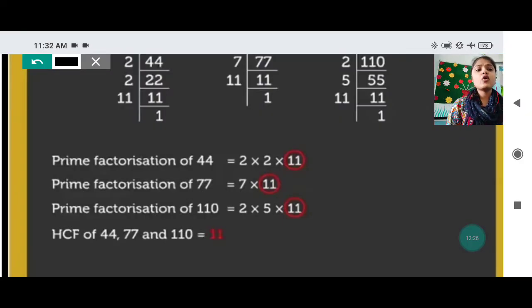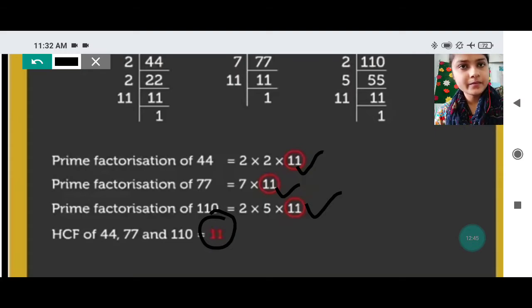You can see I have already circled the common ones. Only one is common, that is 11. That common one only we will write, and that will become the highest common factor of the given three numbers, that is 44, 77 and 110.